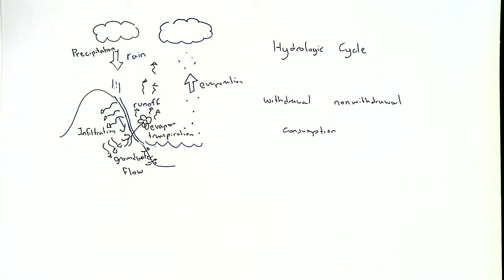Now, here's the thing. When we say consumption, we essentially mean water that we use and that is no longer available. Now, drinking is interesting because it is a form of consumption, but we actually do release most of it back, right? So it's kind of consumption, but also not really consumption. We typically lump it with the consumption uses, but typically consumption refers to water that is no longer available.